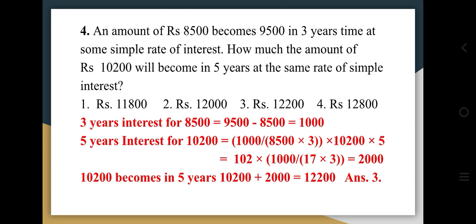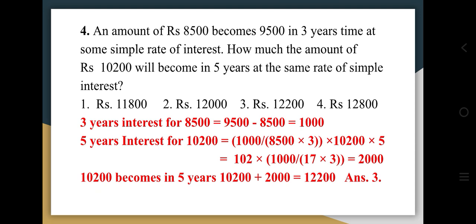So 3 into 8,500 corresponds to 1,000. We want what 5 into 10,200 corresponds to?